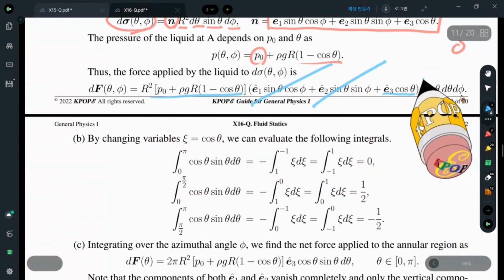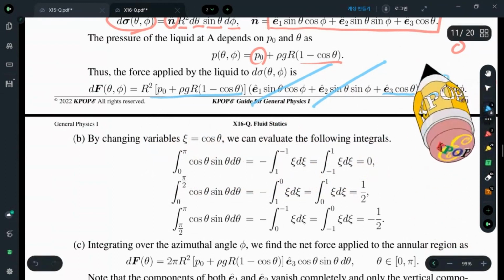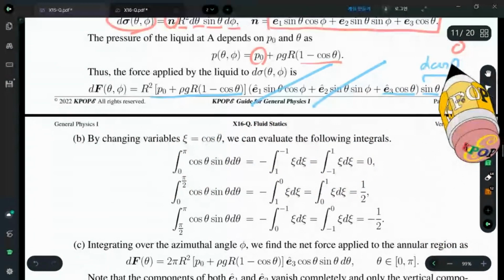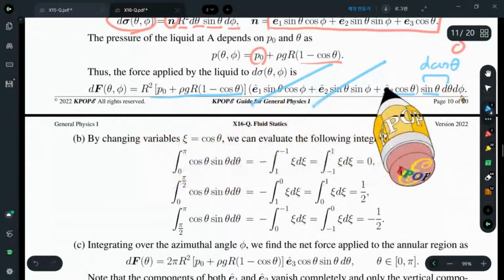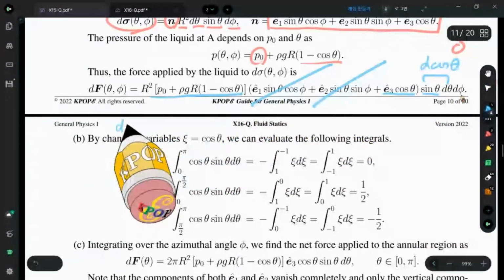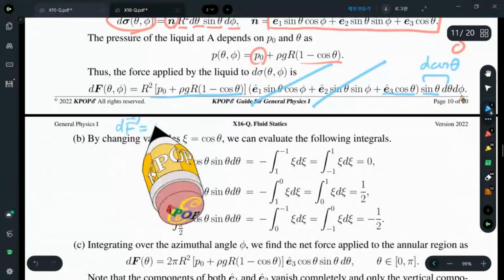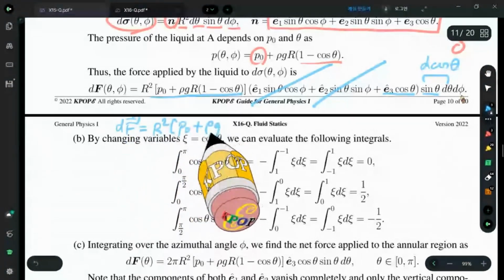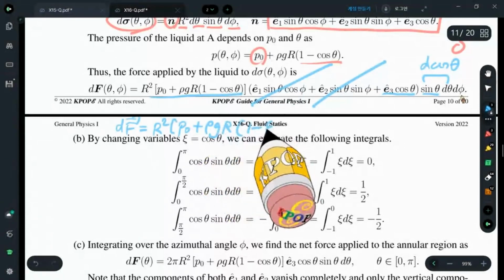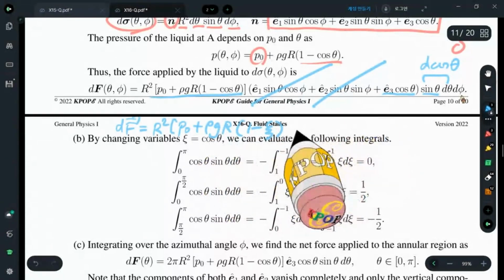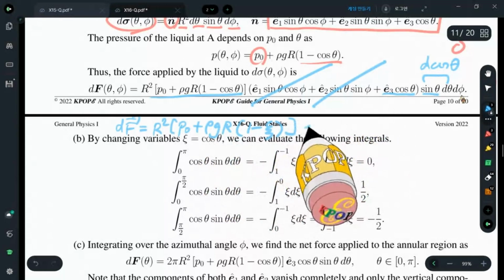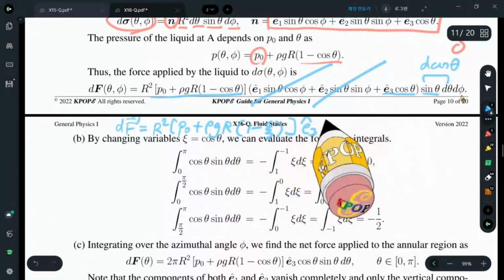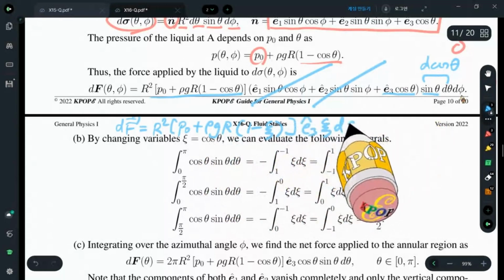And in here, this one is to be replaced with the cosine theta. If I rewrite this, dF is r squared times (P0 plus rho g r (1 minus c)), times e3 hat, c dc.